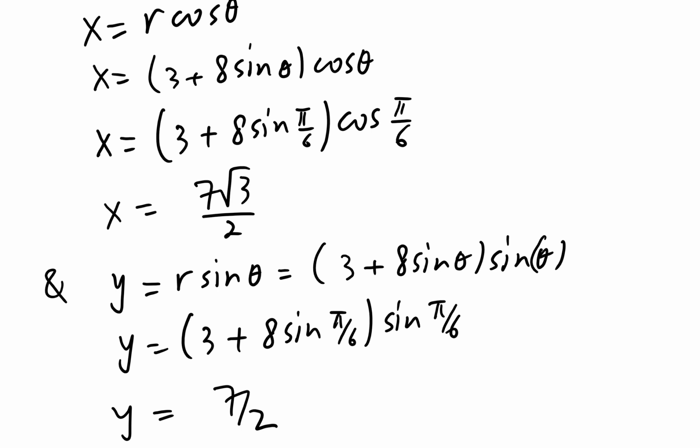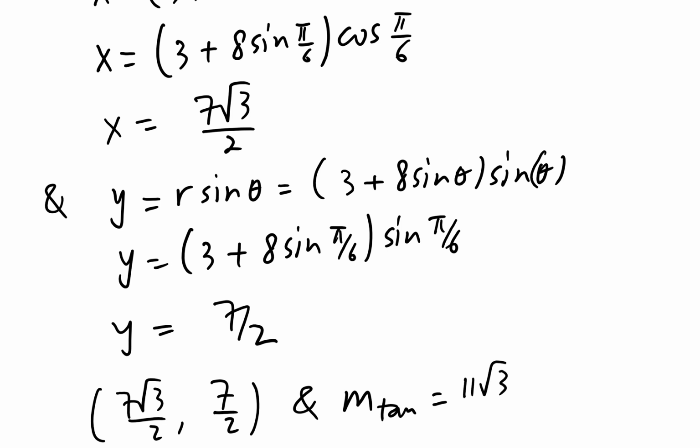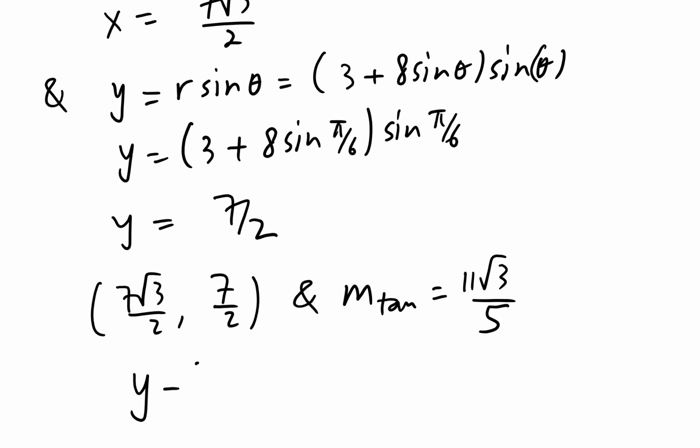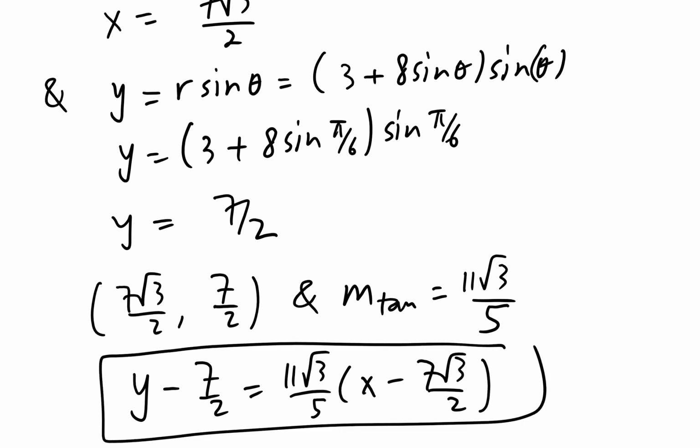So now we have a point, 7 square root of 3 over 2 comma 7/2, and the slope of the tangent line, 11 root 3 over 5. From here you can use y minus y1 equals the slope times x minus x1. And you don't have to simplify more. This is more than enough.